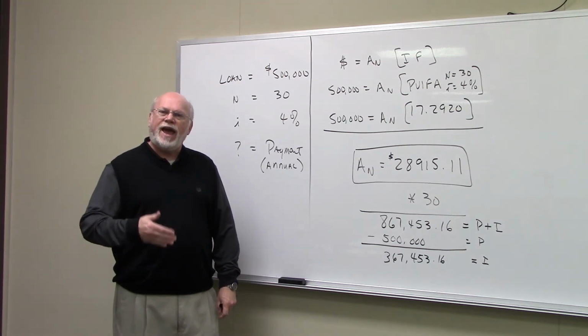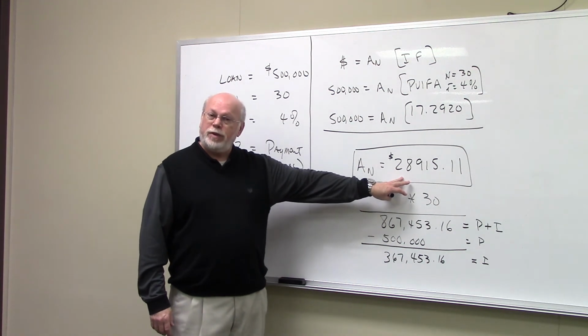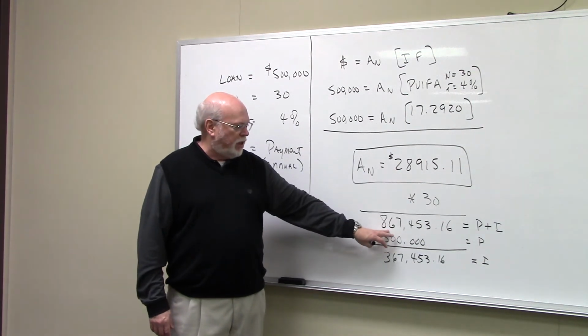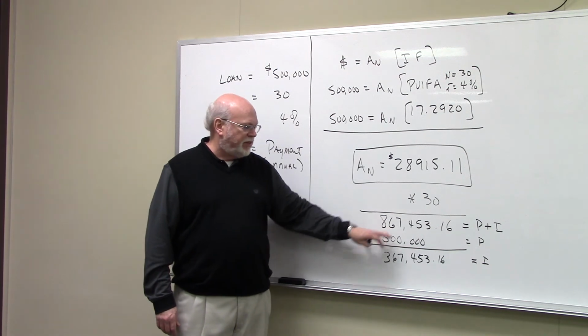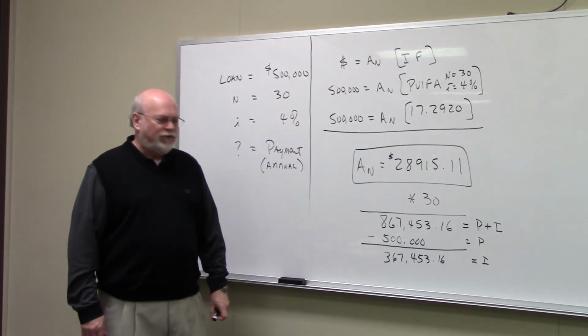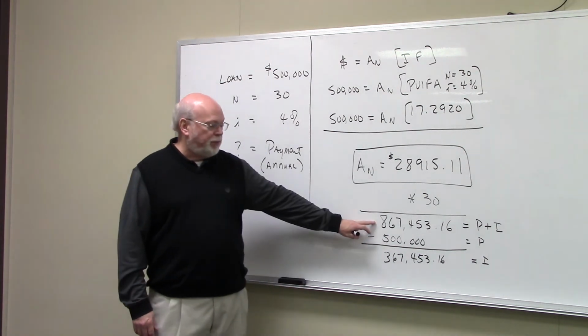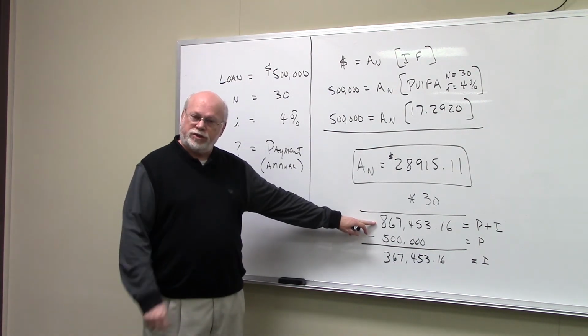So if you were making annual payments on this loan, that's what your annual payments would be. And if you made that payment every year for 30 years, you would pay a total to the bank of $867,453.16.